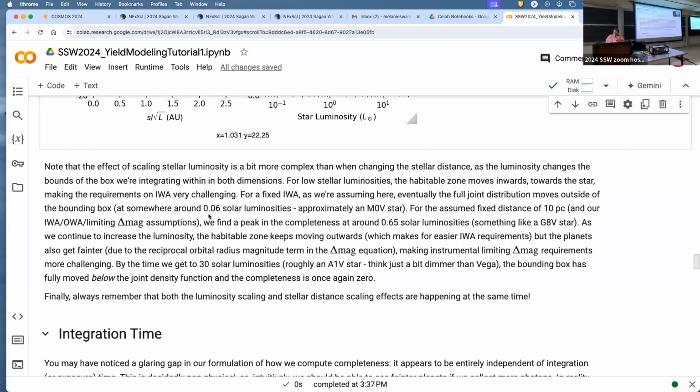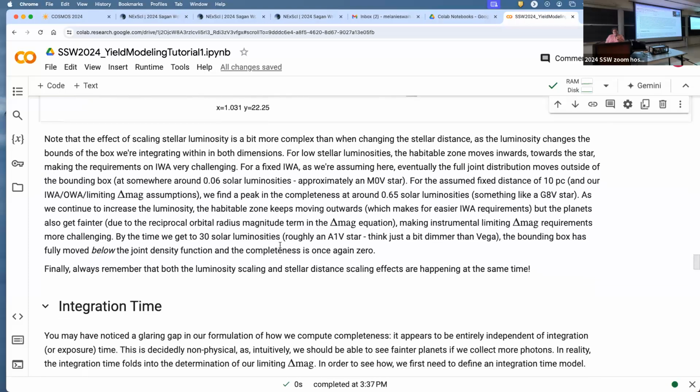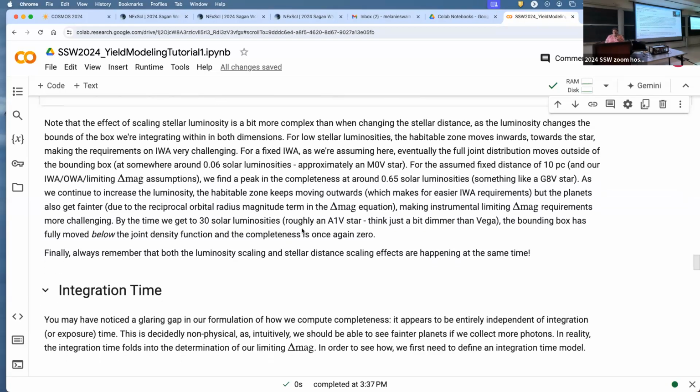So we had a completeness at around 0.65 solar luminosities, which is like a G star. And as you increase the luminosity, the habitable zone moves out. And so eventually it could exceed your outer working angle. That would be something to pay attention to.